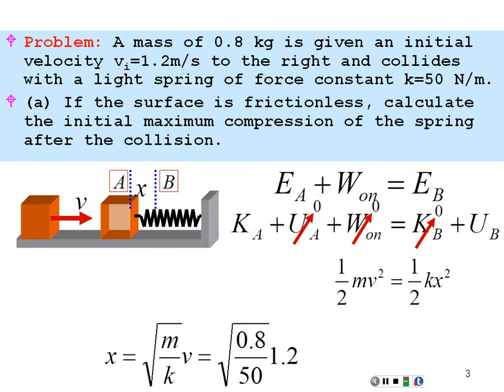So x equals the square root of mass divided by k times the velocity at A. That's the square root of 0.8 kilograms divided by 50 newtons per meter, times 1.2 meters per second, and that comes out to 0.15 meters. So the maximum compression of the spring will be 0.15 meters.